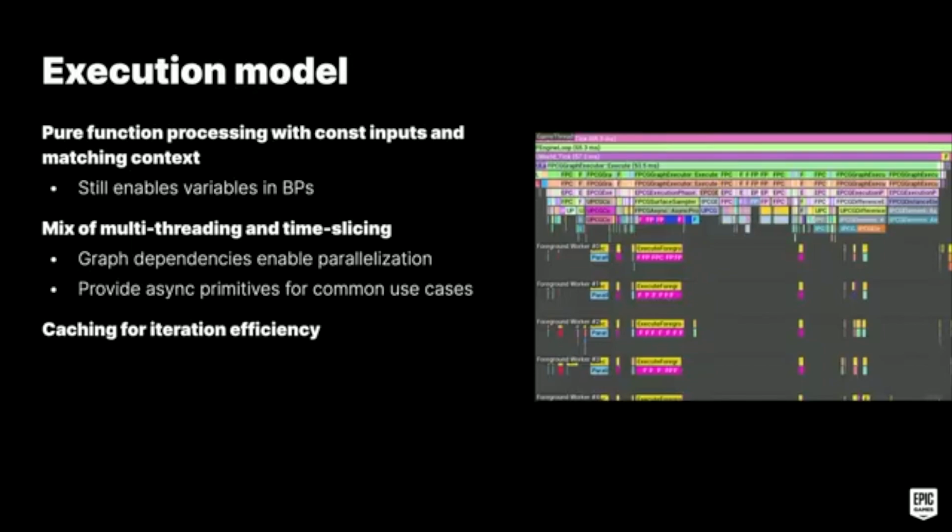All right. On the execution side of things, I've already told you the nodes can be multi-threaded, and that's true. The graph itself can run multi-threaded as well. If multiple nodes have their inputs previously computed, well, we can run them in parallel. But maybe a bit more importantly, for runtime purposes and live editing, everything can be time sliced as well.